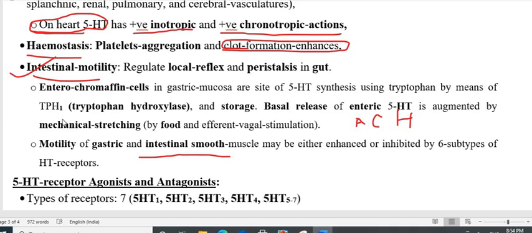When we use its agonist, it is used as a prokinetic. Mainly in the enterochromaffin cell, the rate-limiting enzyme tryptophan hydroxylase 1 is present.